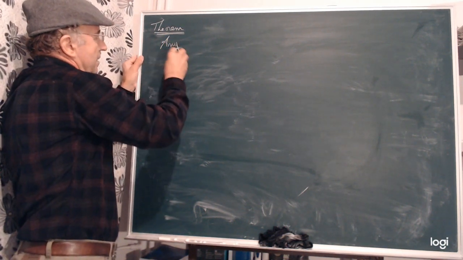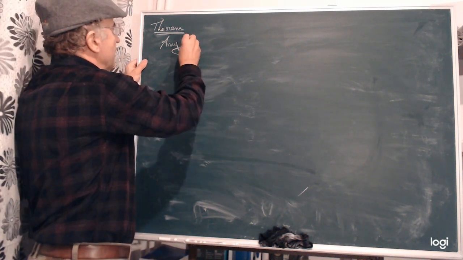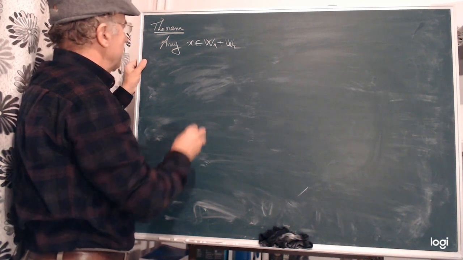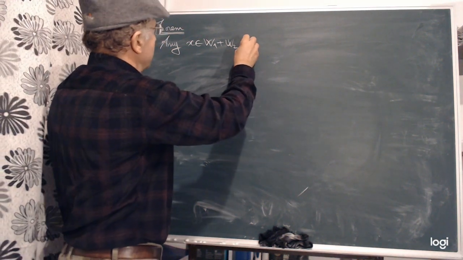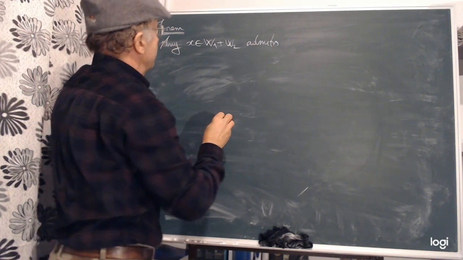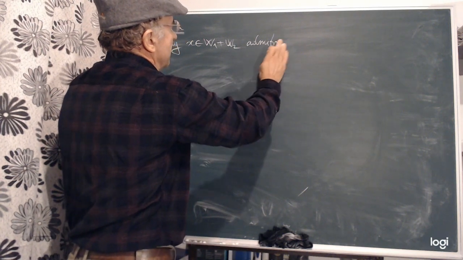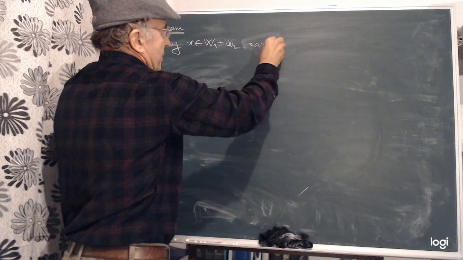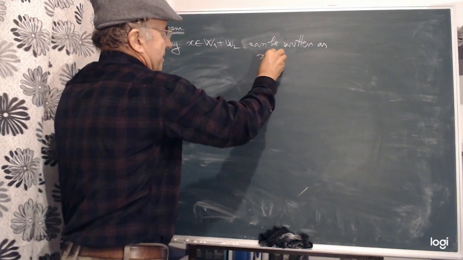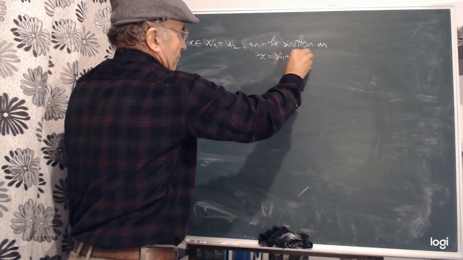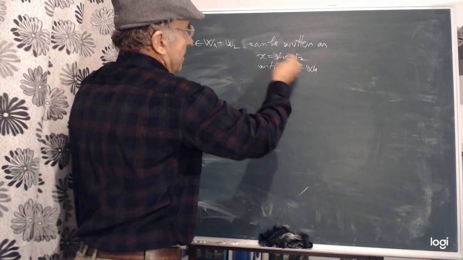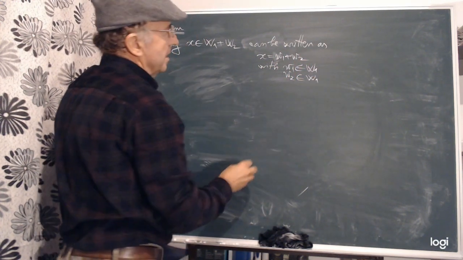Any vector x from W1 plus W2 admits a unique decomposition, can be written as x equals w1 plus w2 with w1 from W1 and w2 from W2, in just one way.